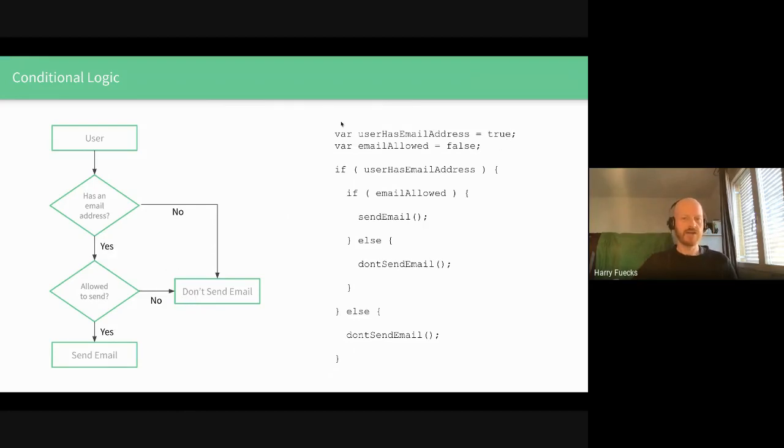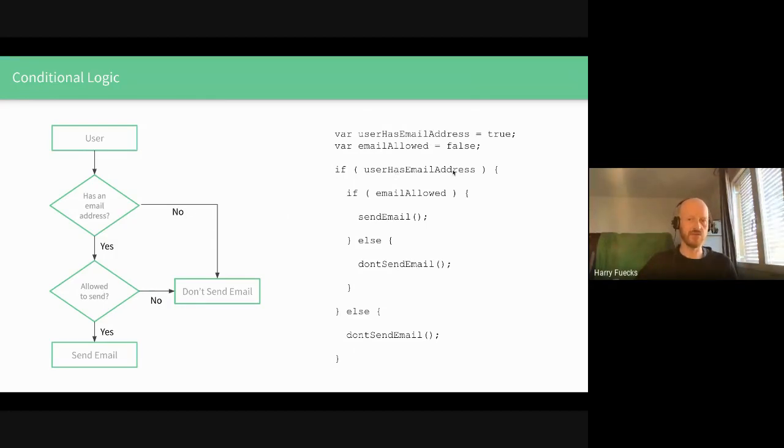Okay, and in terms of conditional logic in a computer program, you have these things if and else. And here we're seeing the Boolean values at work. So here we've got a variable called user has email address, and we give it the value true. Yes, that means yes, they have an email address. We have another variable, email allowed, and we set that to false. So what's going to happen here, we go down here and it says if the user has an email address.